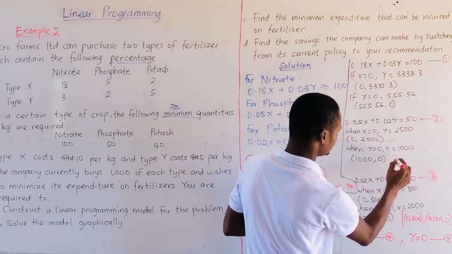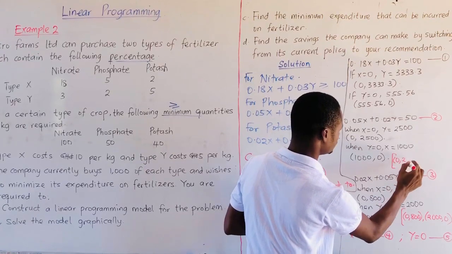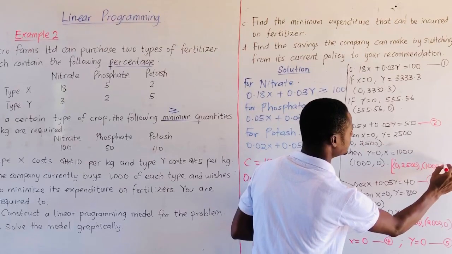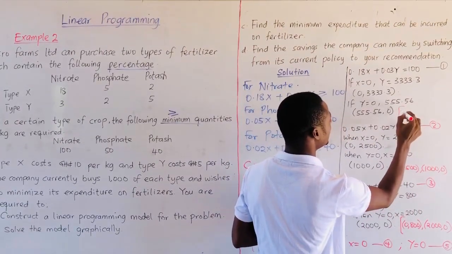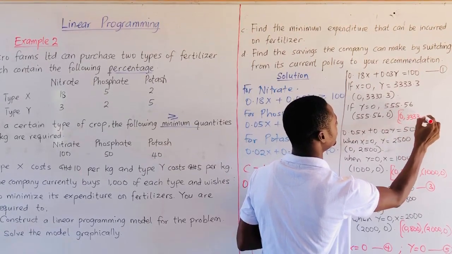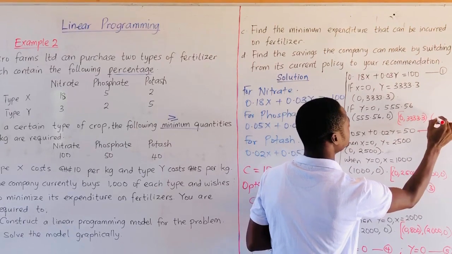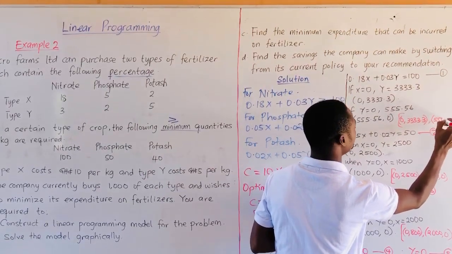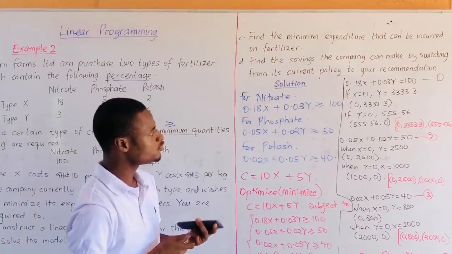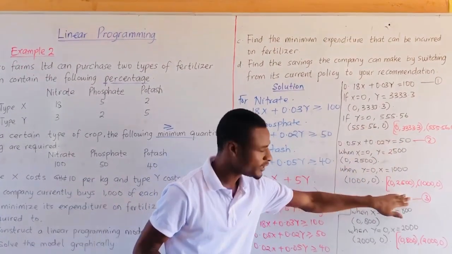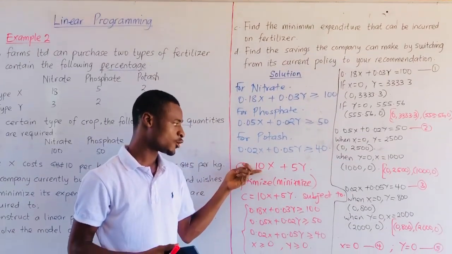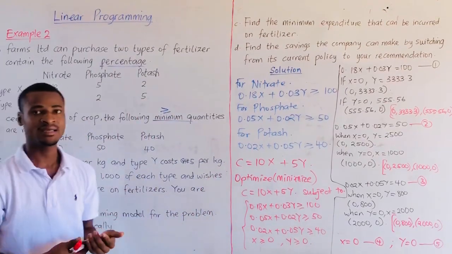For equation 2, we have 0, 2,500, and then 1,000, 0. For equation 1, we have 0, 3333.3, and then the other point is 555.56, 0. We are now going to plot these points on our graph and then use that to minimize the cost that is incurred in buying fertilizers.